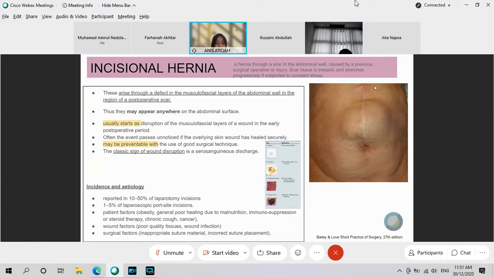Do you understand what laparotomy and laparoscopy are? Okay, never mind. Laparoscopy uses multiple small incisions. It's a newer technique, so it will not cause a large incision. But laparotomy needs a large incision, that's why there is more opening of the abdomen.